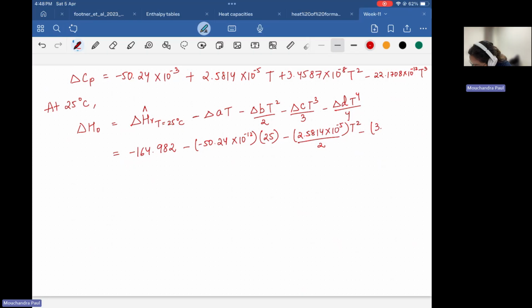C value is this, and lastly it is D value, delta D value.